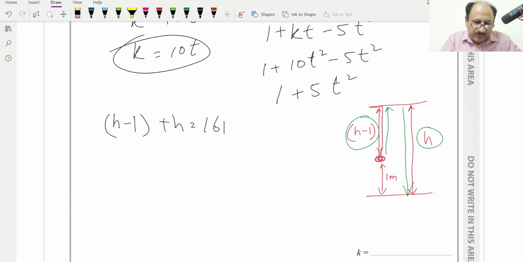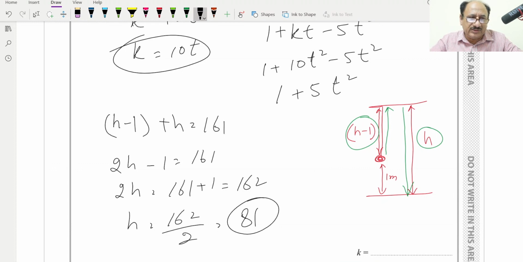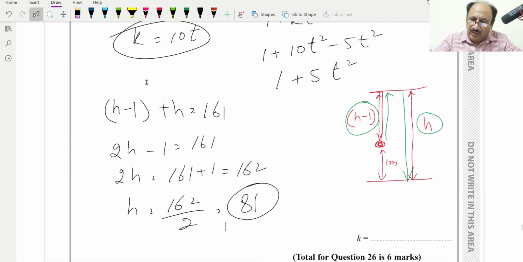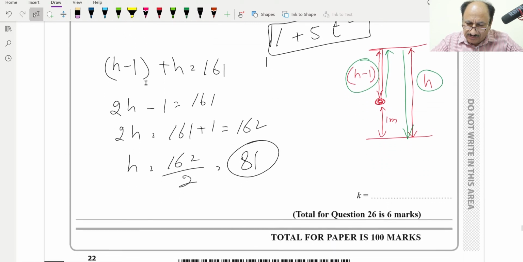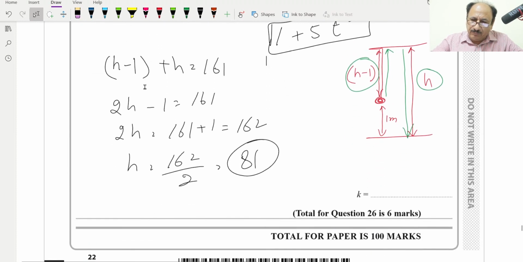So this implies 2h minus 1 is equal to 161, so 2h is equal to 161 plus 1, which is equal to 162, so h will be equal to 162 over 2, which is equal to 81. So the h value is 81, and we can equate the height we have calculated to 81 and simplify.